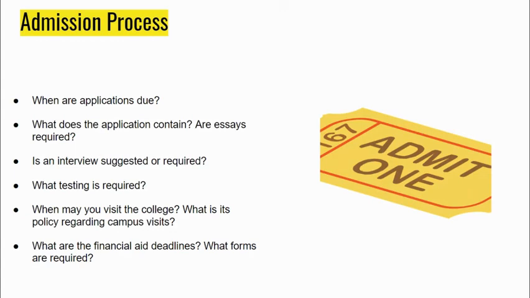Colleges like to receive those tests right from the testing companies. Of course, we've talked about visits, and you want to understand what the financial aid deadlines are, what types of scholarships might be available within that school, and what's required for you to provide to them to learn about the financial aid available.